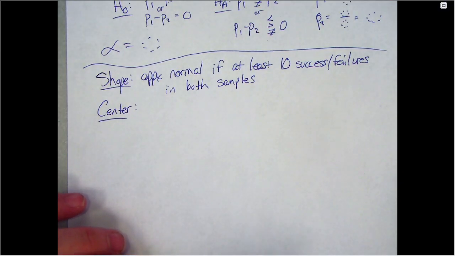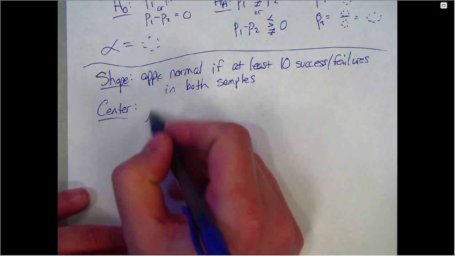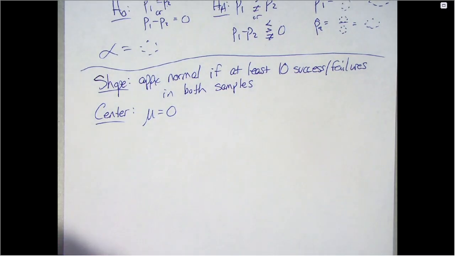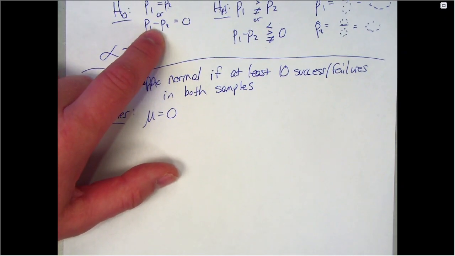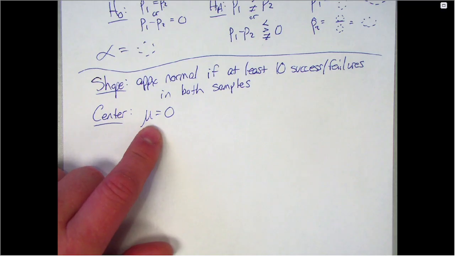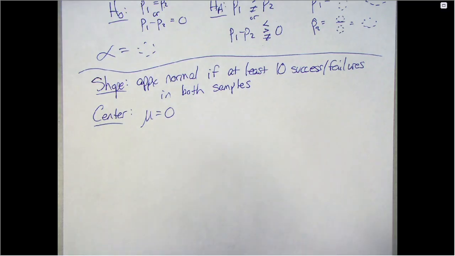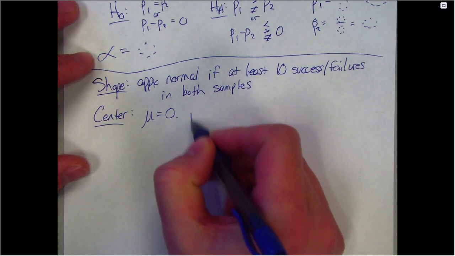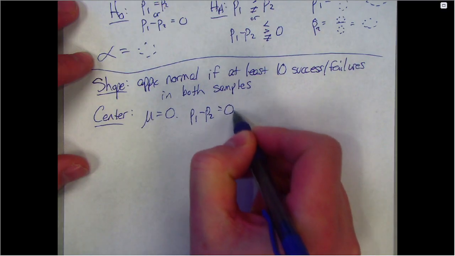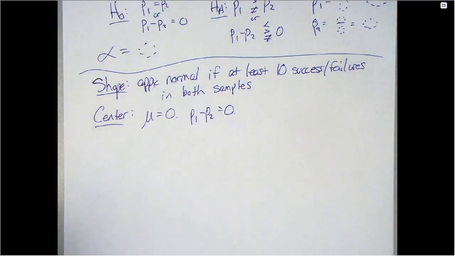For the center, I put P14 minus P17 last time. You could just put the center's 0, because when I subtract those two things, I get 0. And I know that can be confusing to say it's the mean, even though we're going to do proportions. So if you prefer, you could say P1 minus P2 equals 0. Both of those are fine.